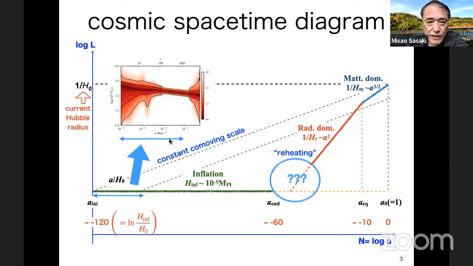What we actually know from observations, such as the CMB, is that we can constrain the initial power spectrum of the perturbations during inflation, but only over maybe 2 or 3 orders of magnitude.